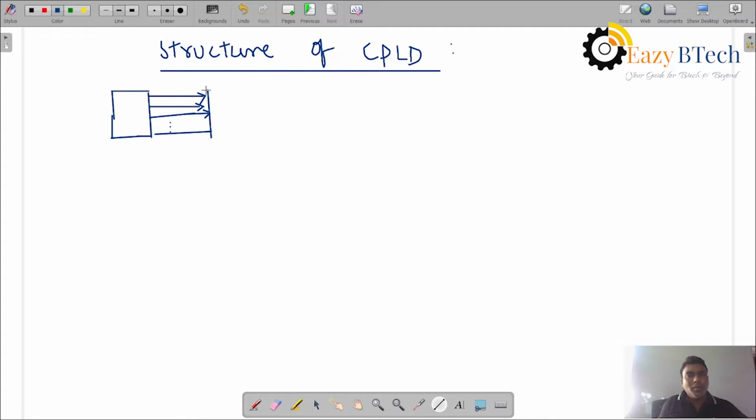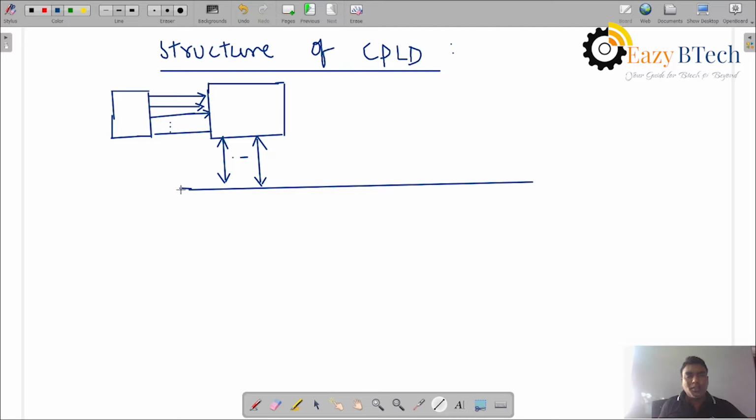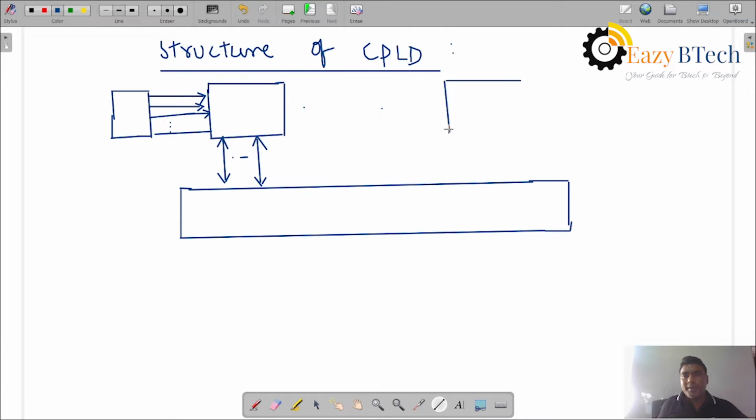We have PLDs of two types, PLA and PAL, but here only the PAL-like block, programmable array logic, is used. From here we are using programmable interconnection. The PAL-like block is connected to the IO block, the input output block.